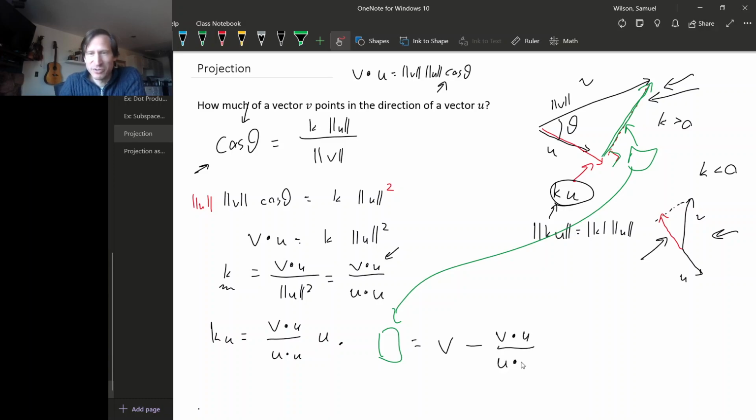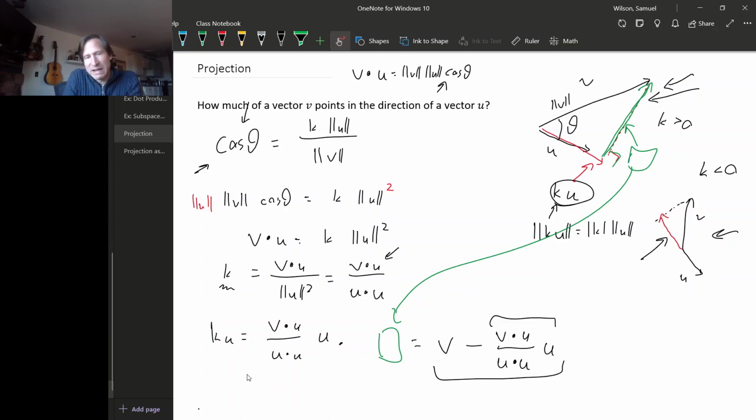So that's v dot u over u dot u times u. Right? This has to be the right thing for this green vector, because if you add v dot u over u dot u times u to this thing, you'd get v. So, all right. So we were able to find how much of a vector points in the direction of u.